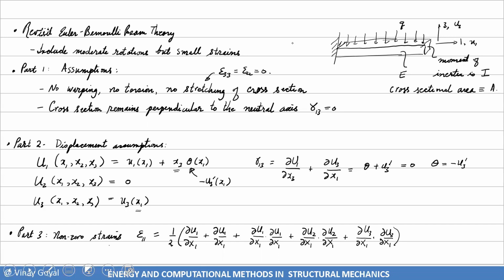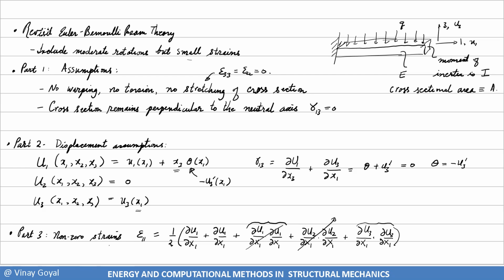And so u2 is definitely 0, so this goes away. And the only thing I'm going to do here is, when you bend the beam, it's very unlikely that the gradient of the axial deflection here is going to be that significant. So you can keep this term if you want, but in today's lecture, we're going to neglect that term, which makes it moderate rotation, small strains. So I'm going to neglect this term, and I'm going to keep this term.